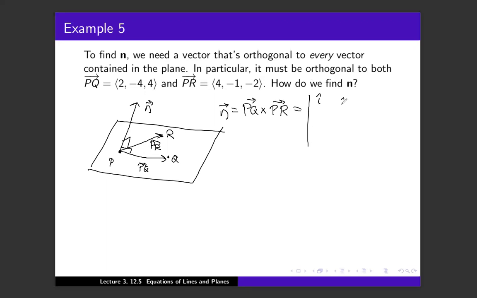So we calculate our cross product, IJK. In this case, PQ is (2, -4, 4). PR is (4, -1, -2).